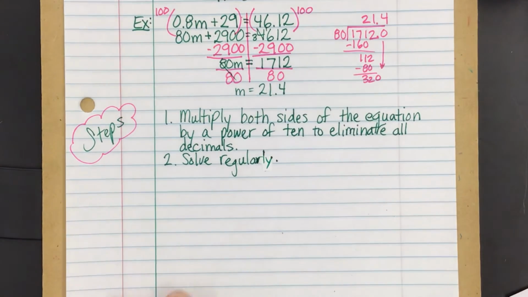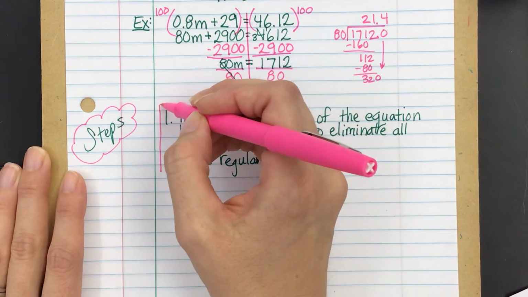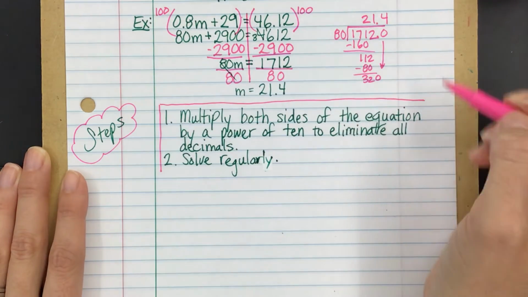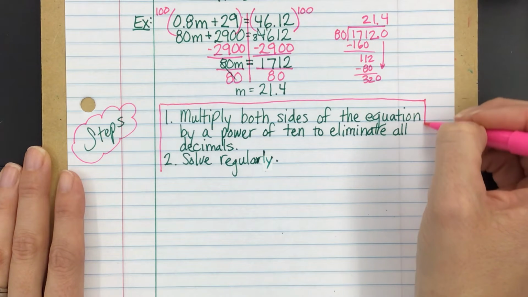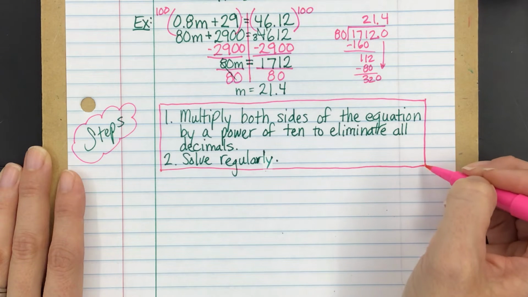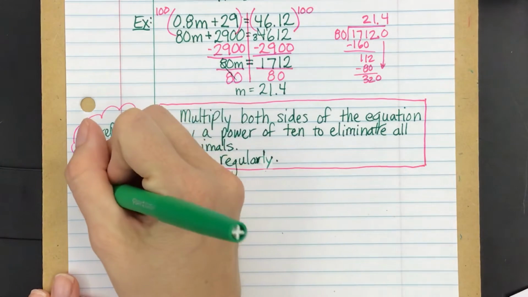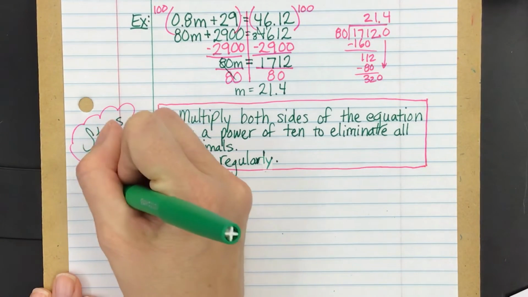Okay, here's your steps. We didn't put steps in your notes yesterday, but for yesterday you could say multiply by a common denominator that will eliminate all the fractions, and then solve regularly. That would be a good one for that. But here's 2 practice problems that I want you to work on.